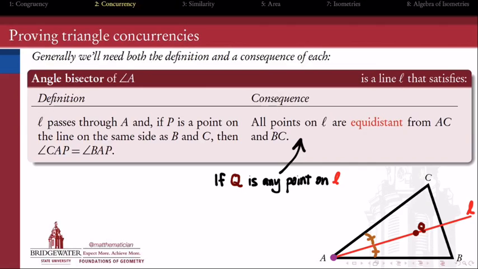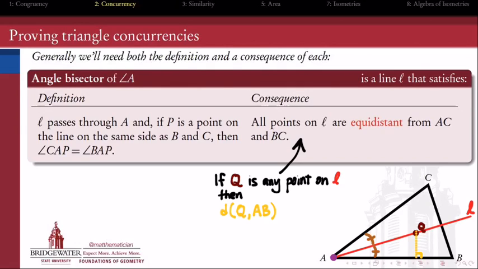An alternative characterization of the angle bisector is as follows. If L is the angle bisector of the angle at A, then all of the points on that line L are equidistant not from the vertices, as we had with the perpendicular bisector, but rather they're equidistant from the adjacent sides at the angle A. So if Q is any point on this angle bisector L, then if I measure the distance from Q to the side AB, and when I measure that distance, I take it at a minimum, I take it in such a way that I drop a perpendicular from Q to AB, and I measure the length of that segment.